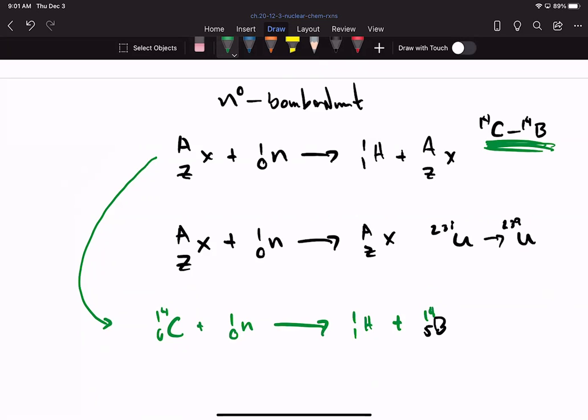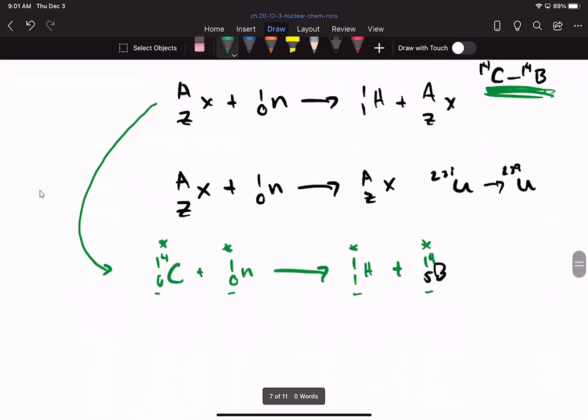And our masses match: 14 plus 1 is 15, and 14 plus 1 is 15. For the atomic numbers, 1 plus 5 is 6. So everything is fine, we're perfectly fine with our masses here.